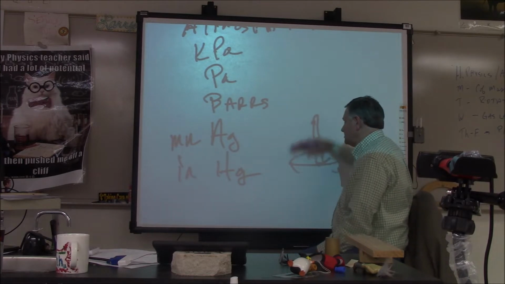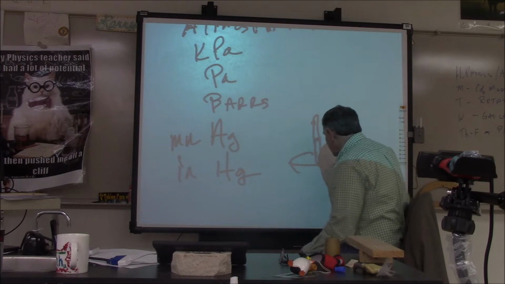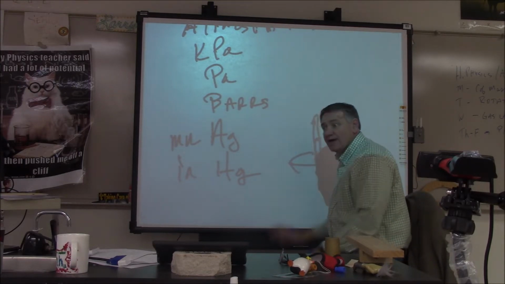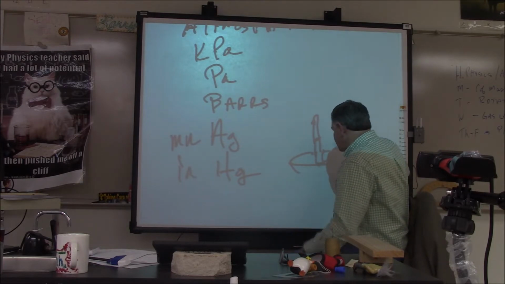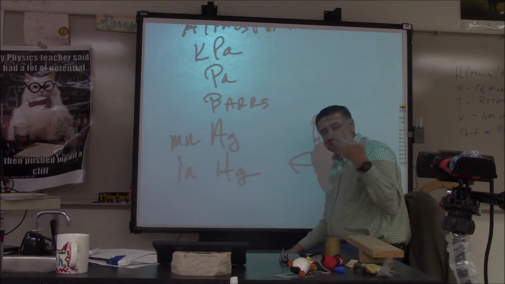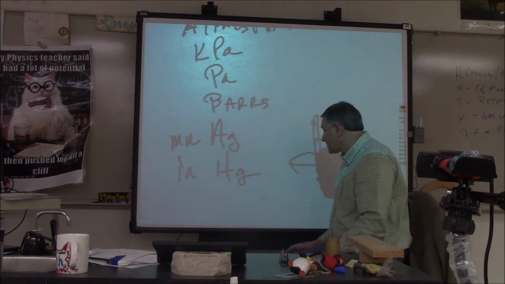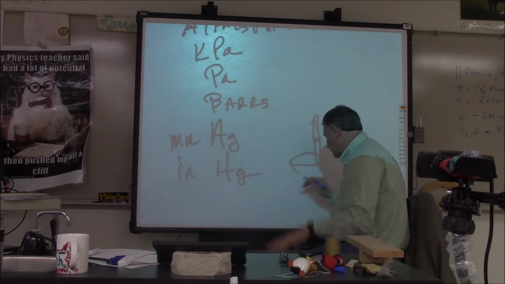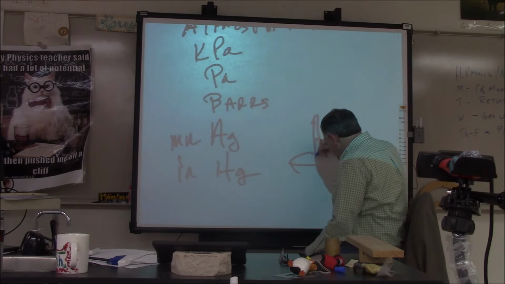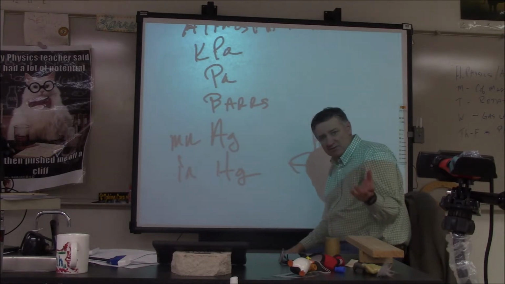High pressure is descending air pushing down on that pool of mercury, making the mercury go higher in the tube. If it's a low pressure system, like when we have rain or snowstorms, there's less atmospheric pressure, so the column drops.